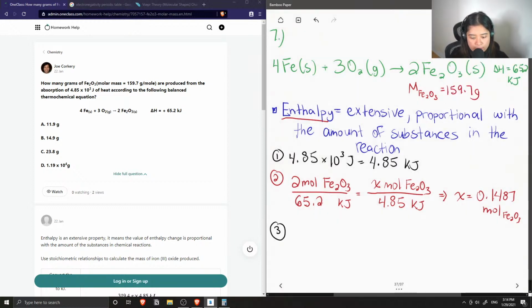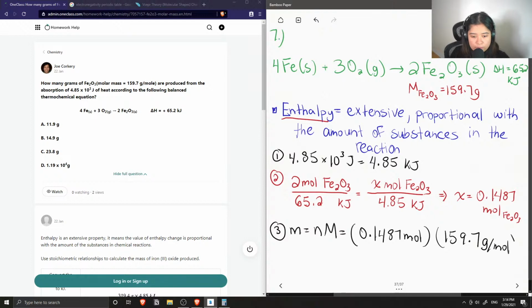So lastly, we can solve for the grams. Mass is equal to the number of moles times molar mass. We know our number of moles from the previous step was 0.1487, and the molar mass was given in the question. It was 159.7. Oh, it should be grams per mole. Let me add that here too.